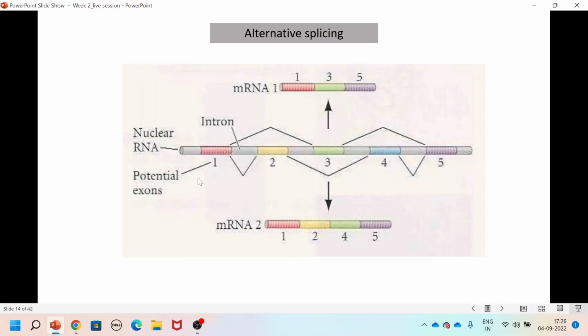As part of alternative splicing, this nuclear RNA may undergo splicing in such a way that exons 1, 3, and 5 lead to the formation of an mRNA, or it may select other exons, that is 1, 2, 4, or 5, in another mRNA, leading to the formation of different mRNAs from a single nuclear RNA.